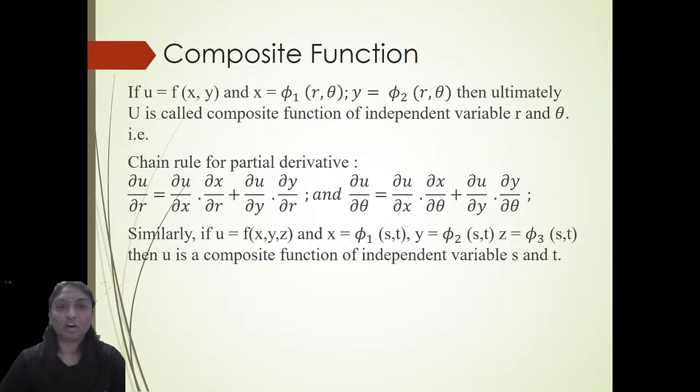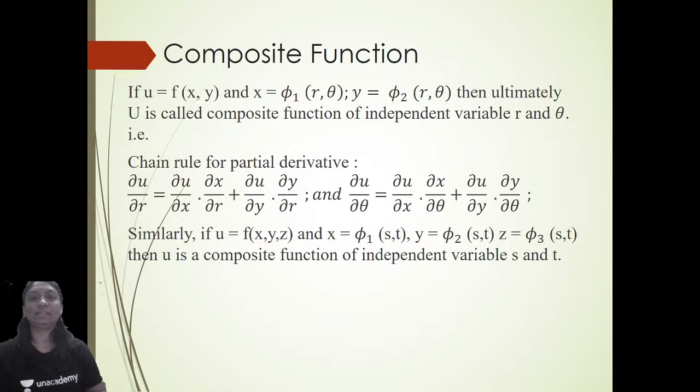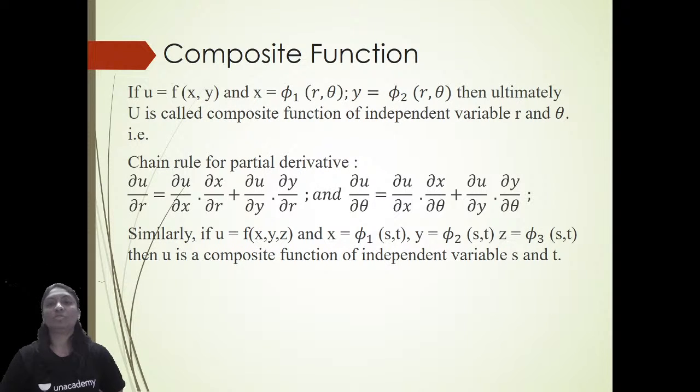If u is equal to f of x y and x is equal to phi 1 of r theta, y is equal to phi 2 of r theta, then ultimately u is called a composite function of independent variables r and theta. That is chain rule for the partial derivatives.